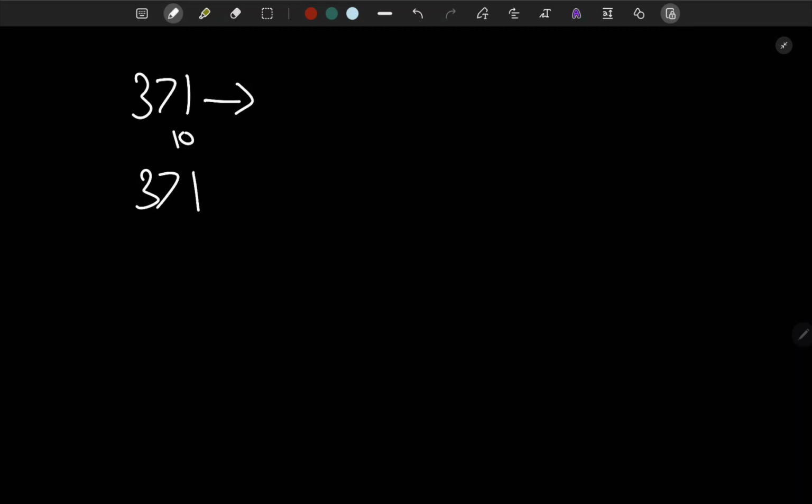We would divide 371 by 16, and you can do this on the calculator, and you will get the exact value of 23.1875, and you do need to write the decimals in this.